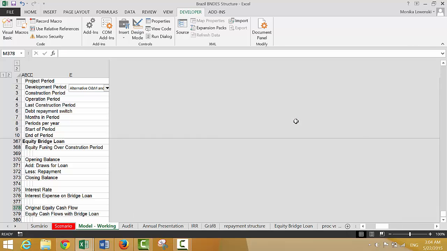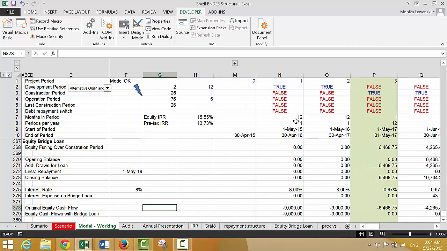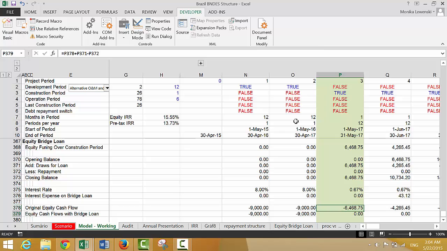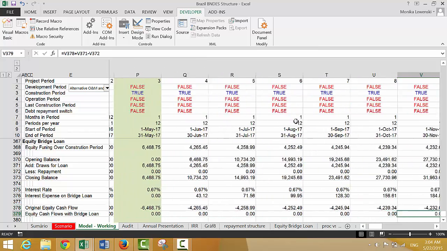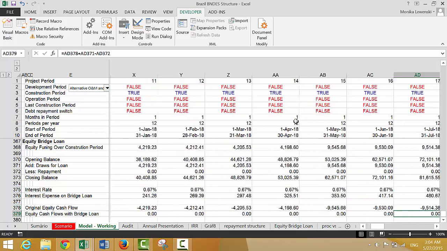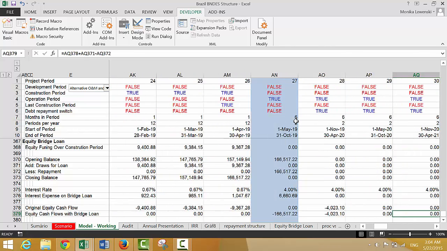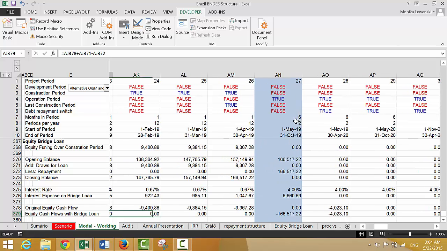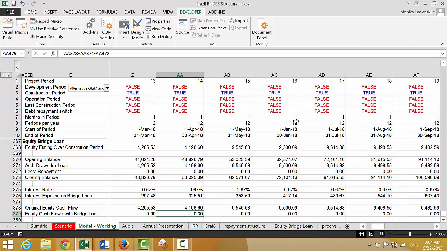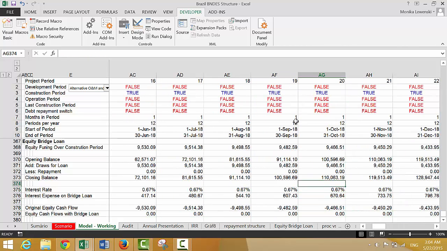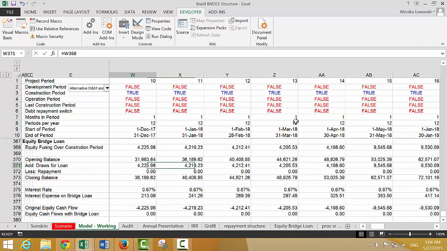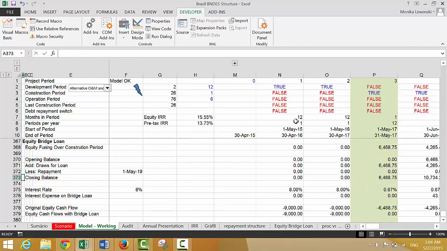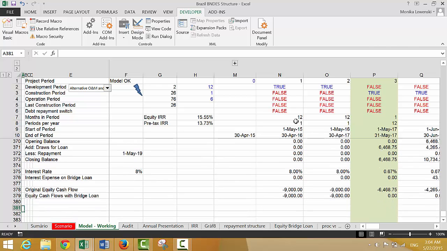I don't know why, but we still have a negative here, and then we have nothing over here, and instead we have a big negative cash flow here. So we've just pushed it forward, but we also have to pay all the interest on the bridge loan. Okay.